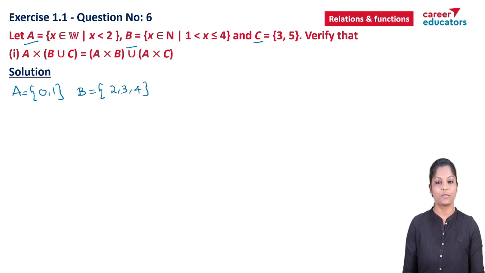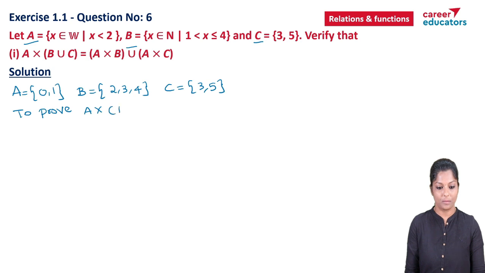The elements of C are given directly. C equal to {3, 5}. We have to prove A cross B union C equal to A cross B union A cross C.